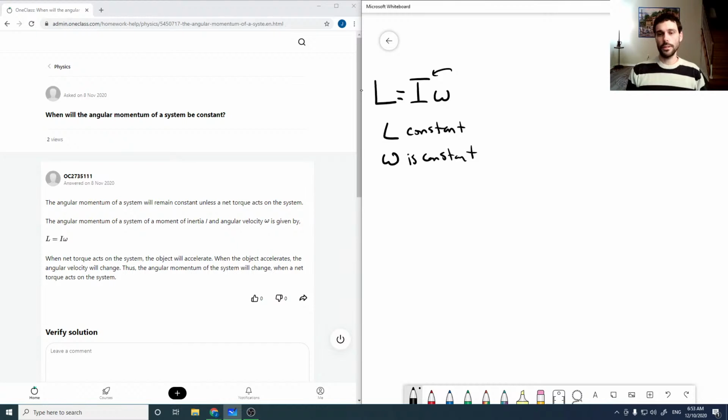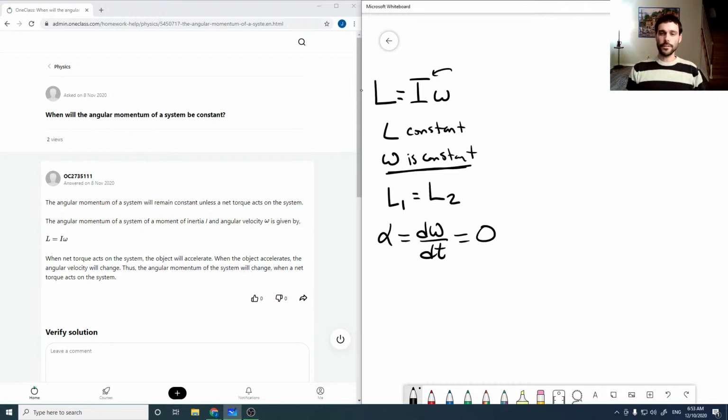Similar to linear motion, we can do a conservation of angular momentum. So L1 equals L2. We can have changes in I or omega, but what I mean by that is really alpha is d omega by dt, and so that must be 0.